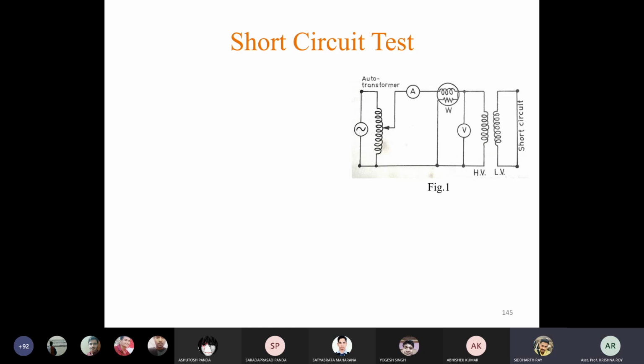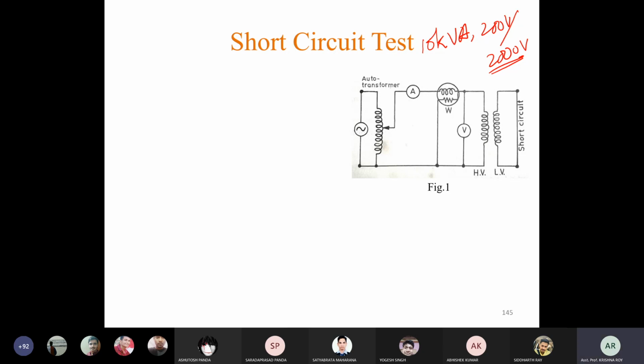Sir, if you want to perform this test on the high voltage side, then you have to apply the rated voltage of the high voltage side, which is normally very high. As we have taken one example, 10 kVA, 200 volt by 2000 volt. So you have to apply 2000 volt to the high voltage side to perform the open circuit test. There are some difficulties. I will answer that question. Okay, sir.